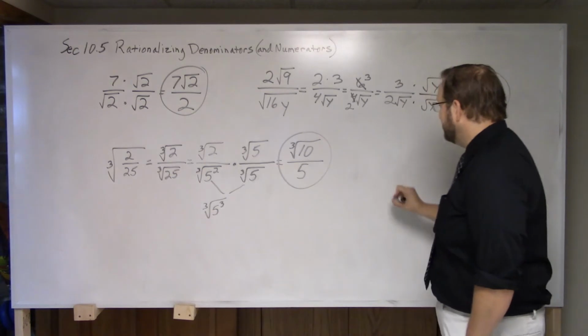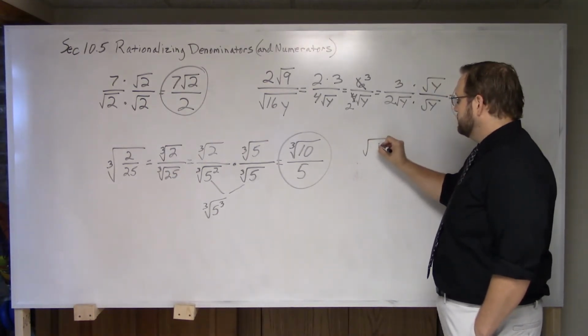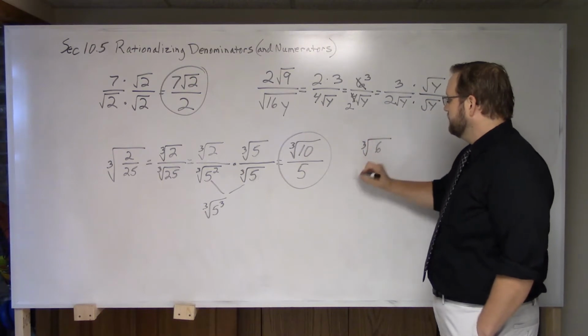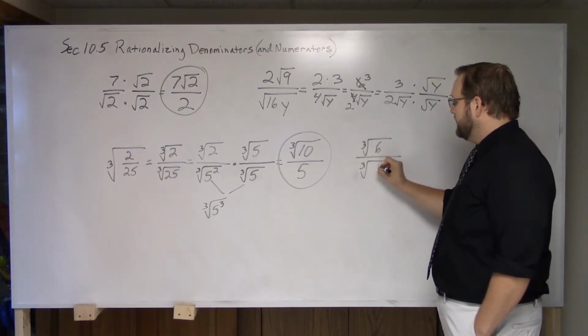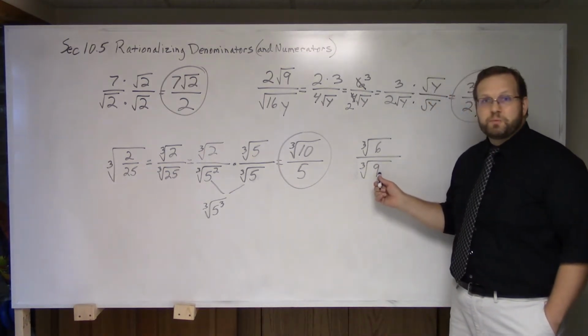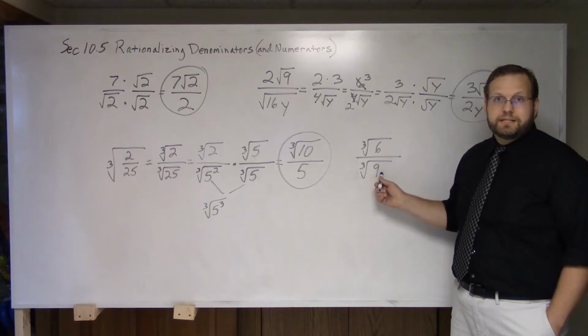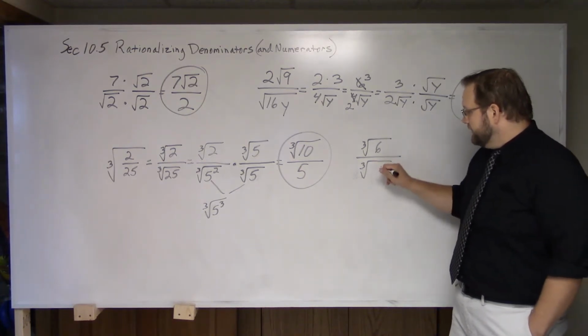Let's say we've got cube root of 6 and a cube root of, let's say, 9. Now, is this always going to be a nice perfect square? No. If it's not, let's say this is just a normal 7.